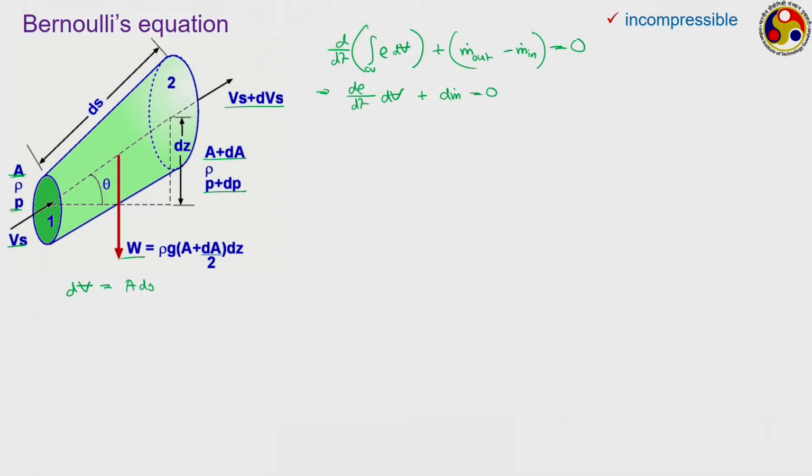Of course, area is changing from A to A plus dA, but dA is quite small compared to A, so we can approximate it like this, equal to 0. Now we go to the momentum conservation, but before that we can write that the mass flow rate at any particular point can also be written as rho A into Vs, corresponding to that particular point.